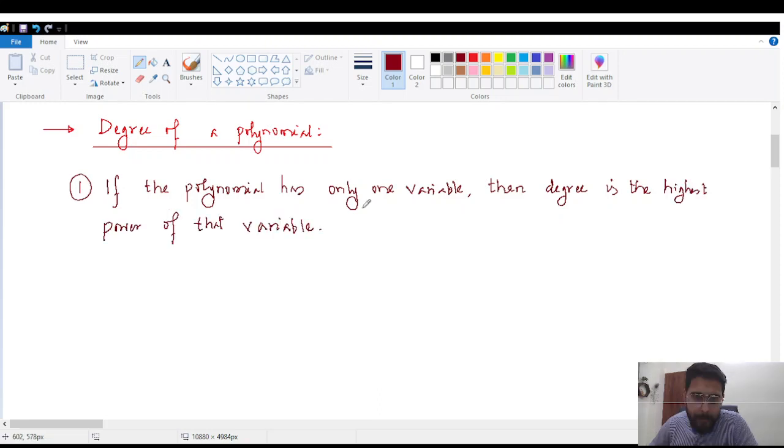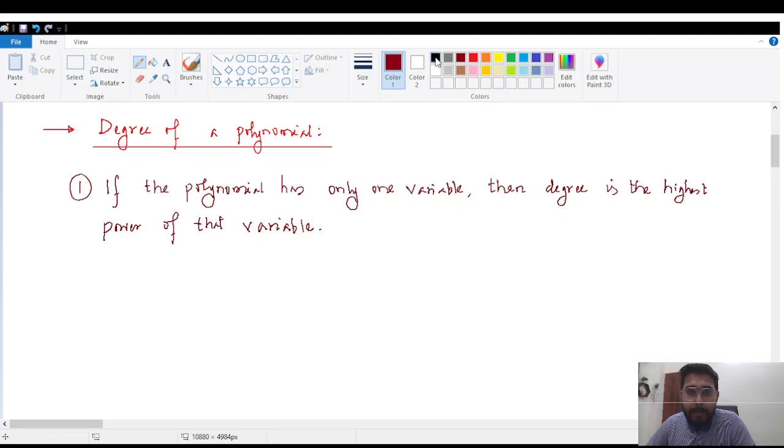For those who are not understanding my handwriting, that's why I am dictating while I'm writing, so that if you don't understand, you can understand the words I'm saying. So if the polynomial has only one variable, then degree is the highest power of the variable.